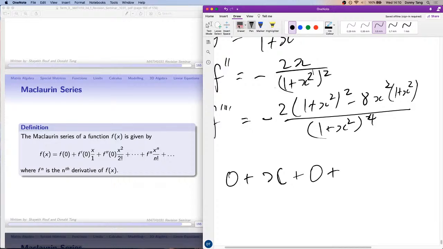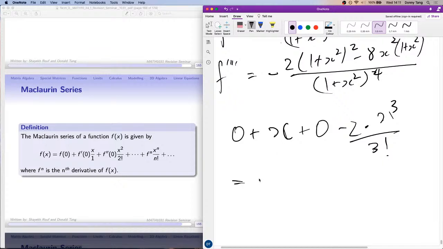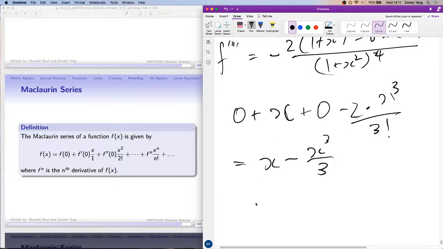So it's going to be negative 2 times x cubed on 3 factorial. So the final thing is going to be x minus x cubed on 3, because in 3 factorial, the 2 cancels out. And that's going to be the Maclaurin series for tan inverse x.